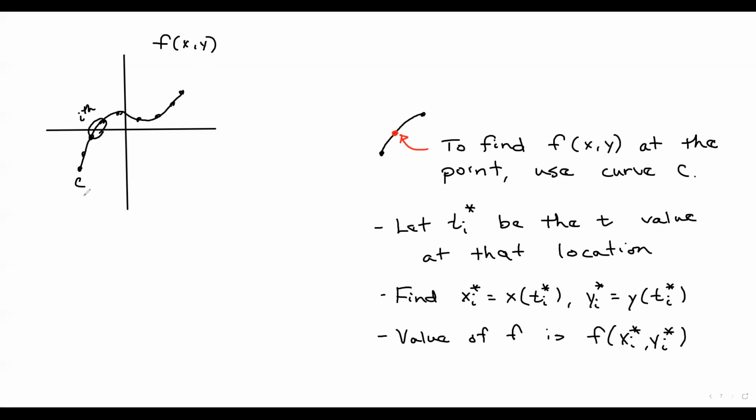If you're just adding up those temperatures, whether you take big steps along your curve or tiny steps, the resulting amount is going to be dependent upon how big a step you take. So the length of these intervals needs to be taken into account to offset that. We can say the length of this piece is going to be change in s.